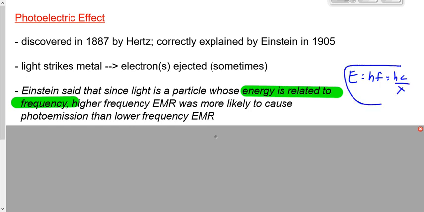In fact, that's the way that equation actually appears on your data sheet, both forms of it, hf, hc over lambda, same thing. That means higher frequency of EMR gives you higher energy, and higher energy makes it more likely that electrons will be ejected, or in other words, that photoemission will occur.